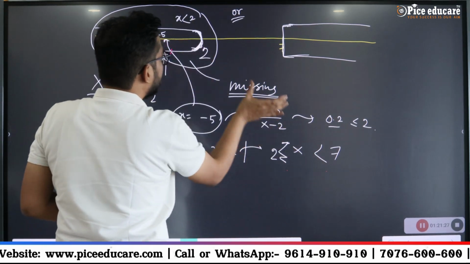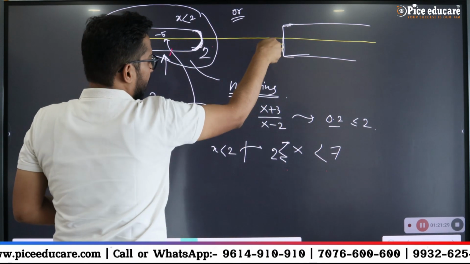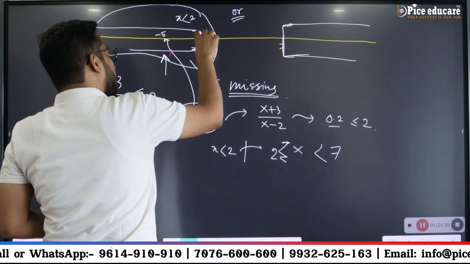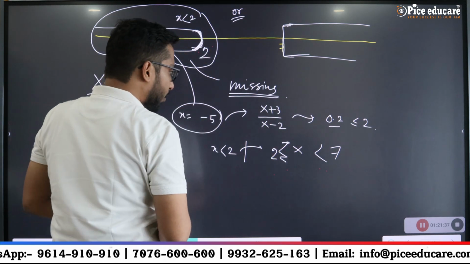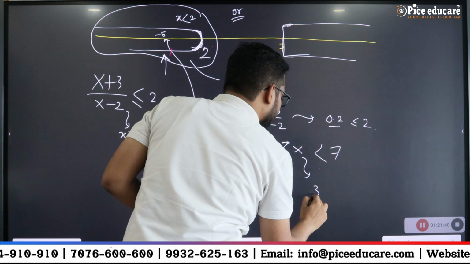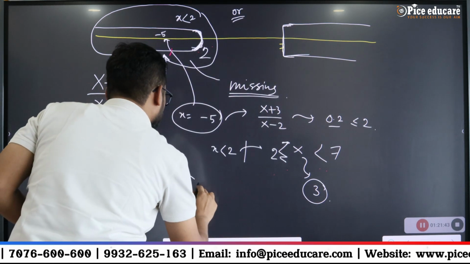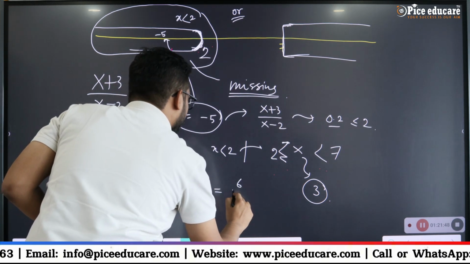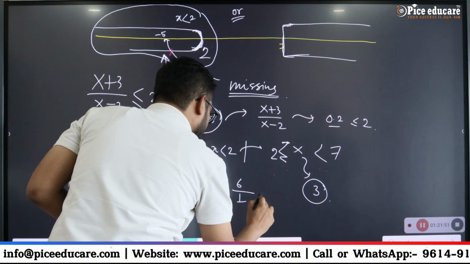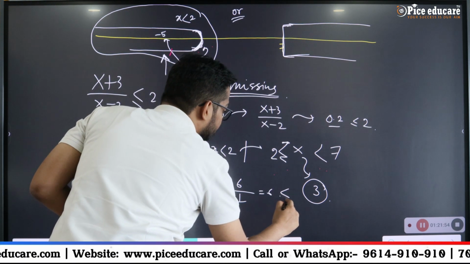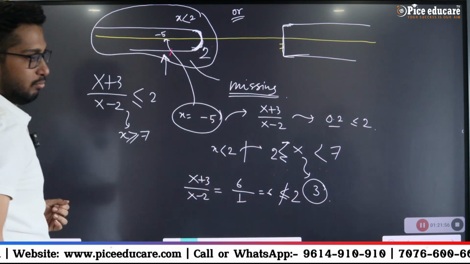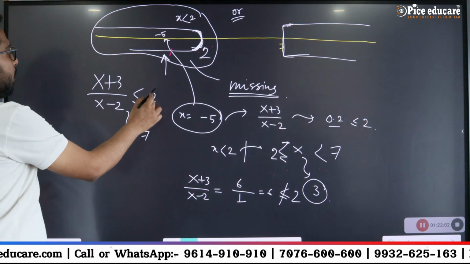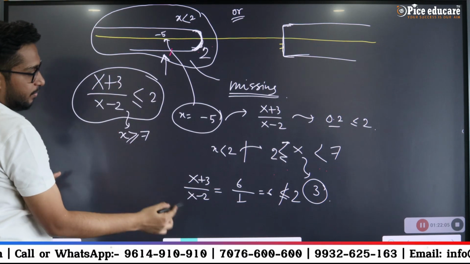So this is the zone which is in between. 7 is included here, so not included here. 2 is not included here, that's why included here. Now let's pick some number, 3, and try it out. So x plus 3 is 6 and x minus 2 becomes 1, so 6 divided by 1 is 6, which is not less than or equal to 2. So if I pick some number in this zone, the inequality that we are asked to solve breaks.